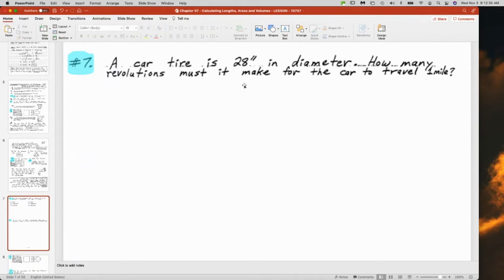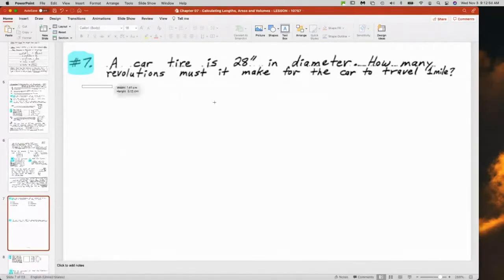So if you ever looked at a tire on a vehicle and you've wondered, I wonder how many times that thing turns around when it covers a certain distance, like a kilometer or a mile or what have you. So anyway, let's find out what the circumference is of the tire.